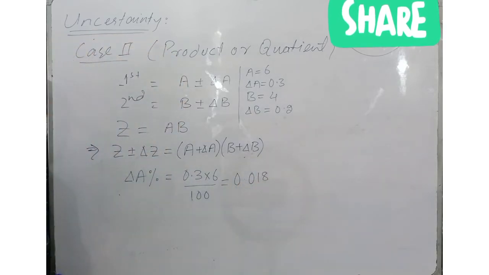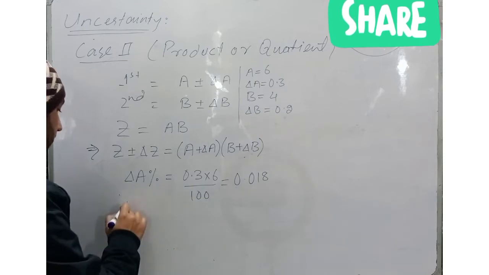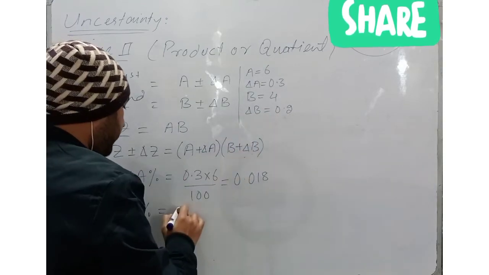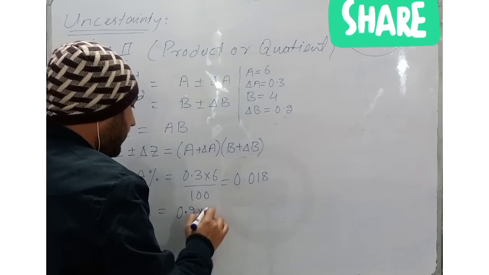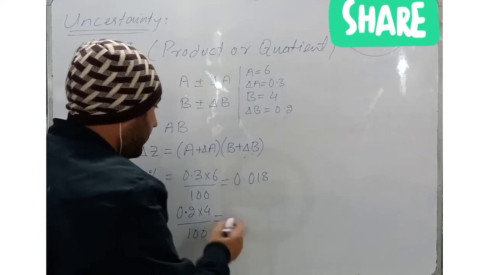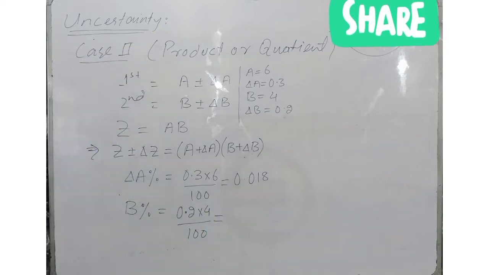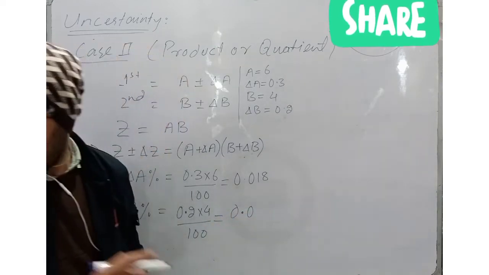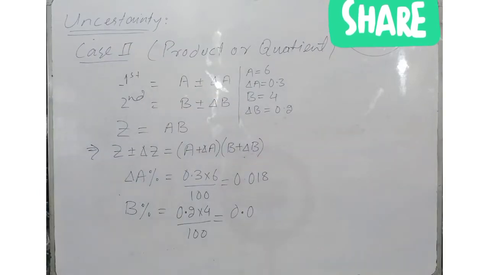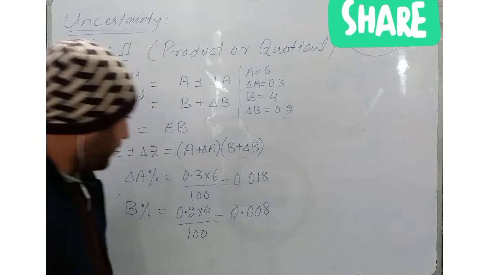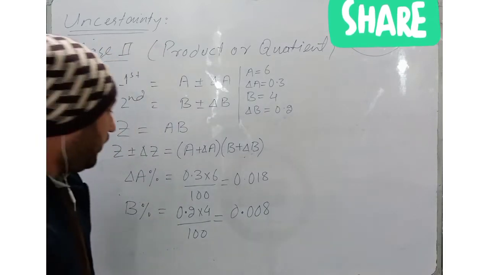Okay, and the percentage uncertainty in B would be 0.2 divided by 4. Again, if you do the calculation, you will get 0.05.